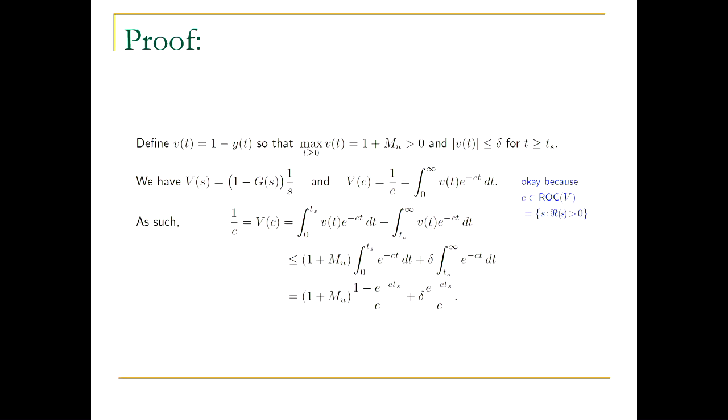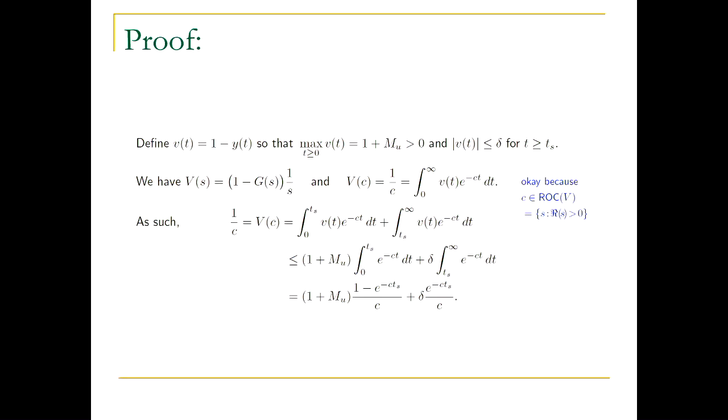So now 1 over c is equal to this integral. I can divide it into a part between 0 and Ts and a part from Ts to infinity. The integrand stays the same; I didn't change anything here, but I still keep this c there. Now for this part, the maximum of V is defined by 1 plus mu.